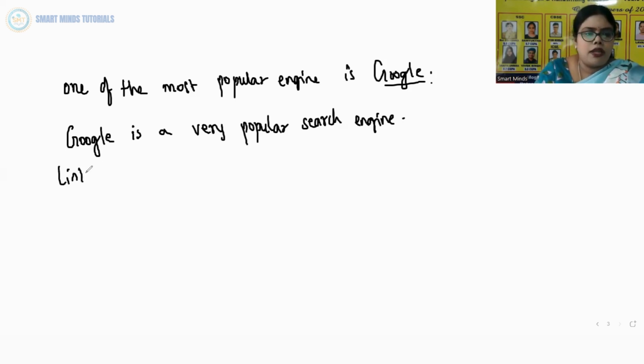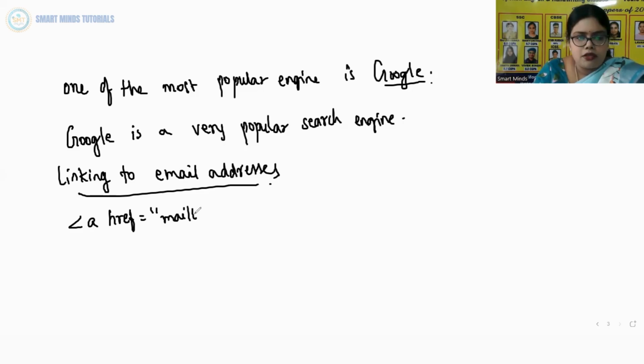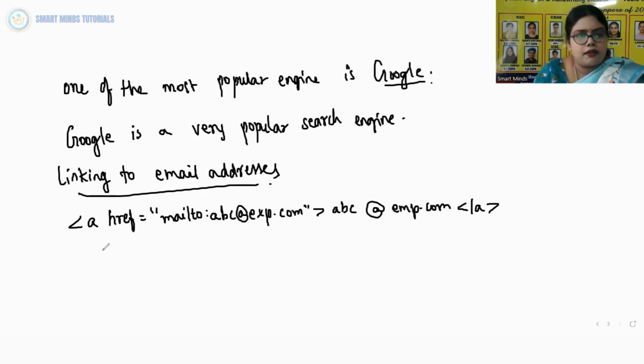Now let us see how to link to email addresses. A link is created to an email address by using any one of the syntaxes which I will be giving you. Either you can use href equals mailto colon abc at the rate exmp.com, quotations close, abc at the rate exmp.com, then close the a tag.